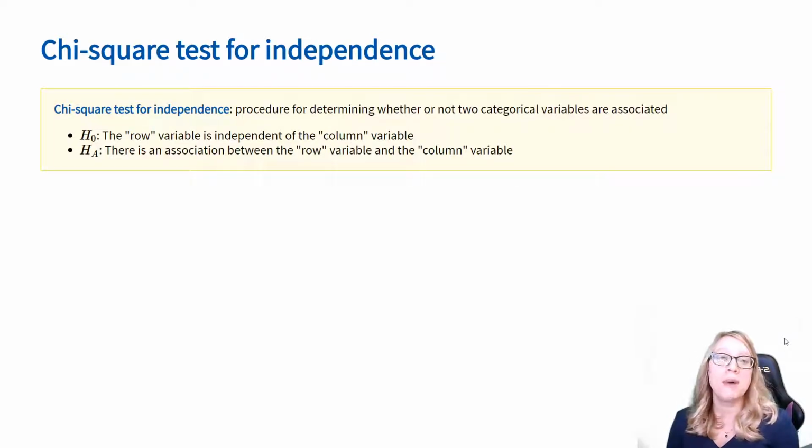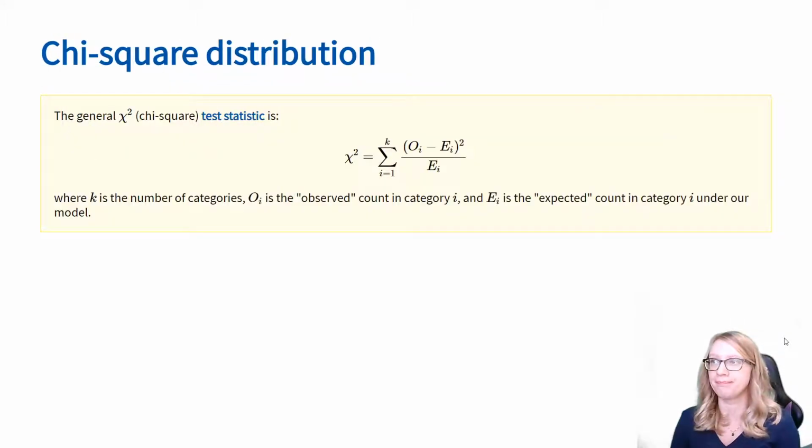The null hypothesis is essentially that the row variable is independent of the column variable. Think about describing this data in a two-way contingency table. Are the variables related? The alternative hypothesis is then that there is, in fact, an association or a relationship between the two variables in our data.